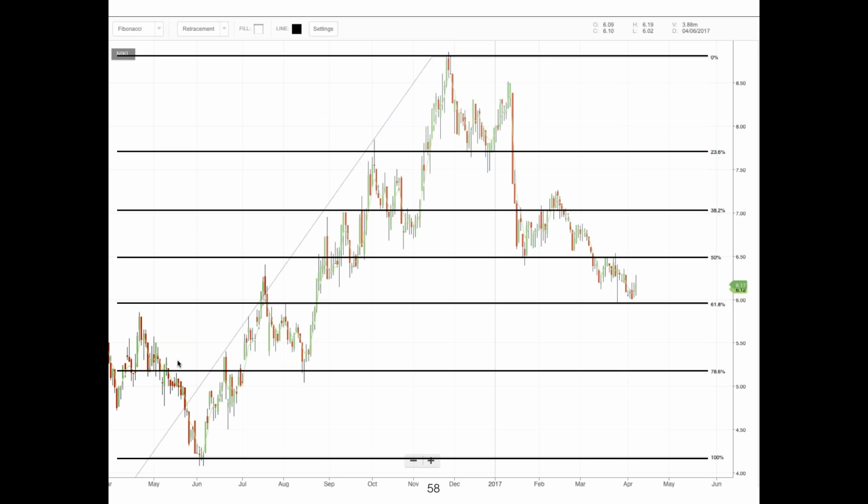So I'd like to show you this chart of nickel. This shows the price range from June 2016. So I use the highs and lows of the time period. And I plotted the Fibonacci levels from the low to the high.